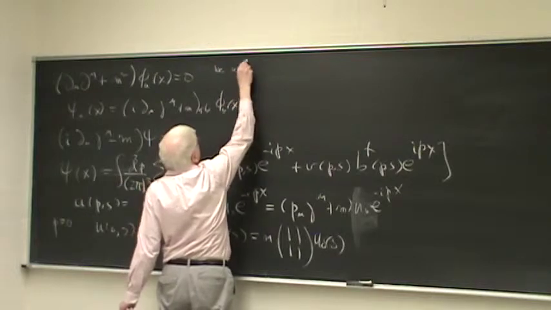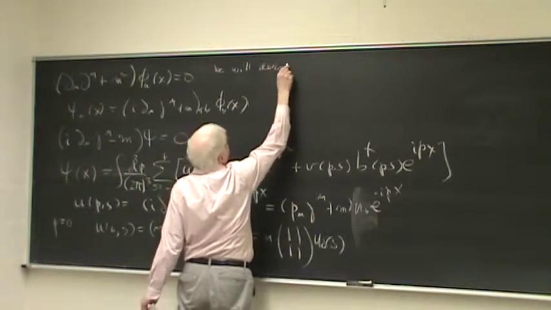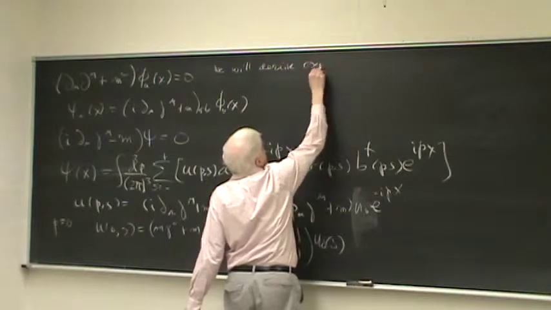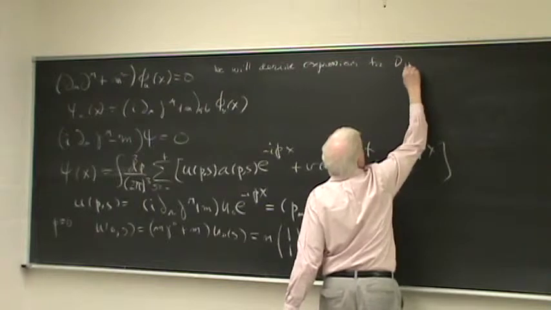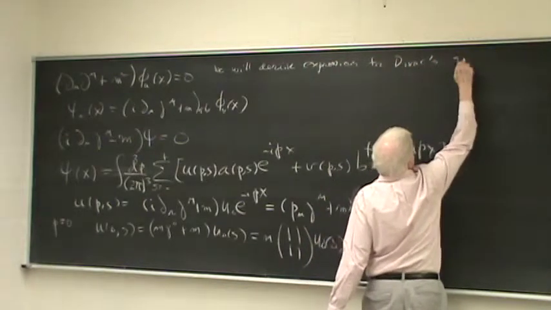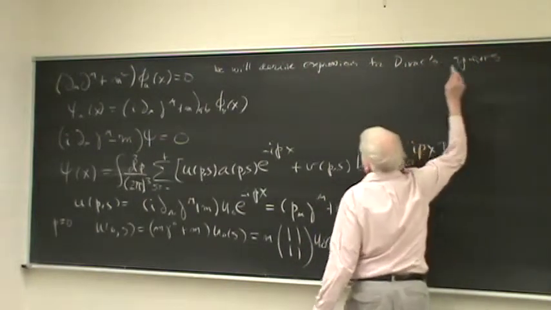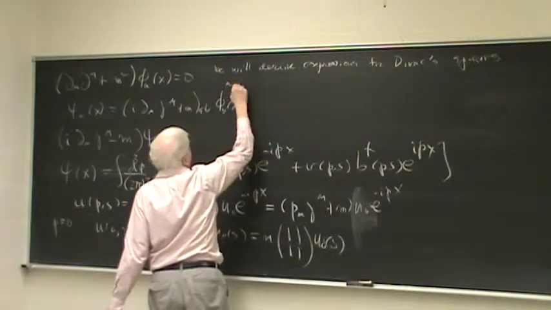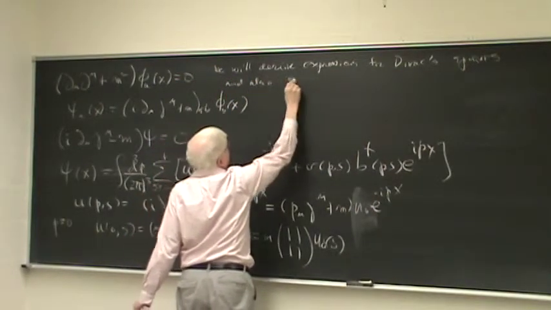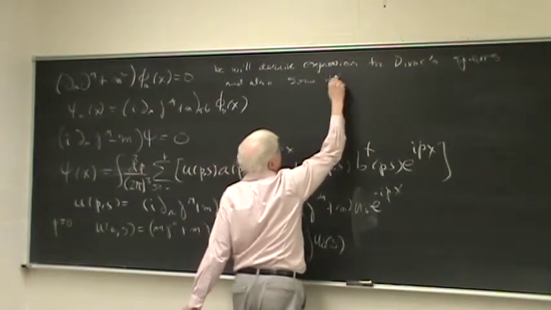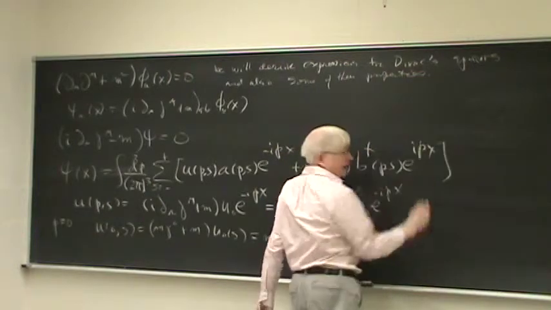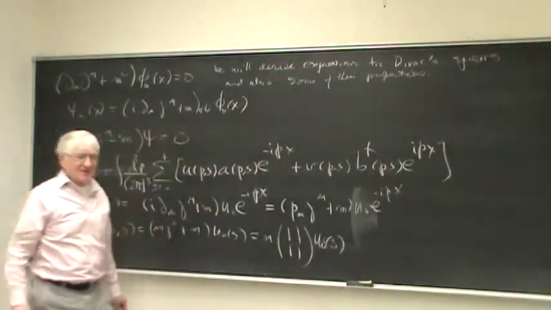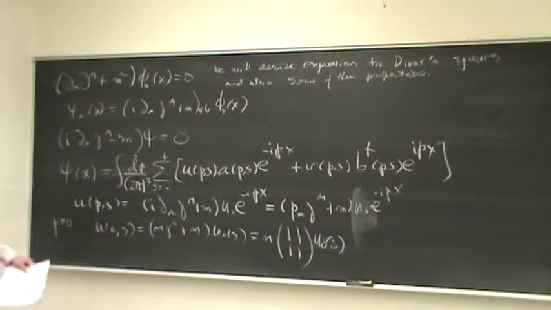We will derive expressions for Dirac's spinors, and also some of their properties. There. To some extent, satisfied the velocity.